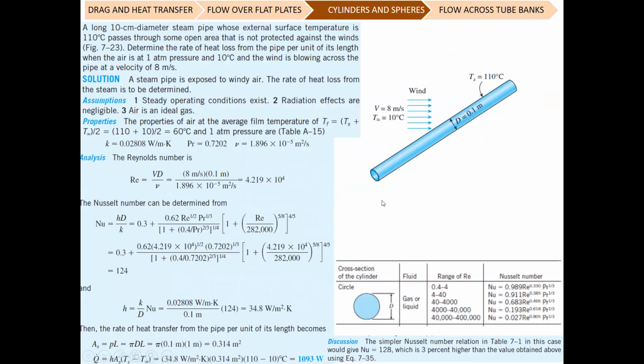Okay, this is an example. Let's say you have a rod with 10 centimeter diameter and 1 meter length.